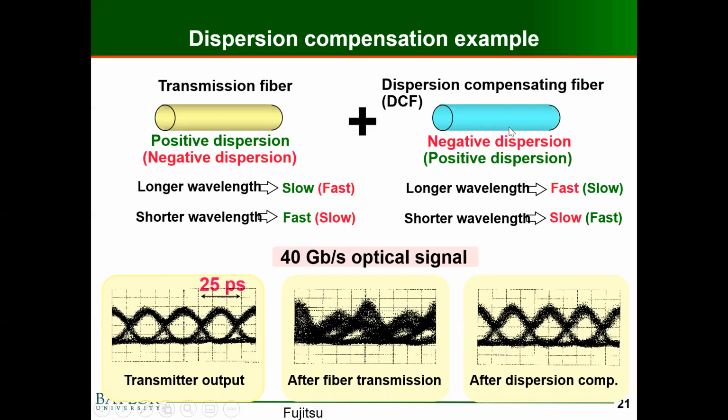This is dispersion compensating fiber. Once we have this dispersion compensating fiber, we can compensate the dispersion. So in this case, K0 double prime L1 plus K0 double prime L2 is 0, right?